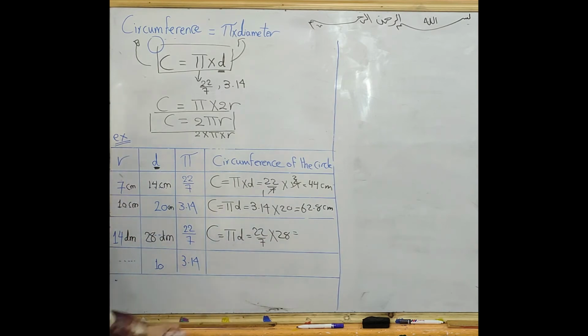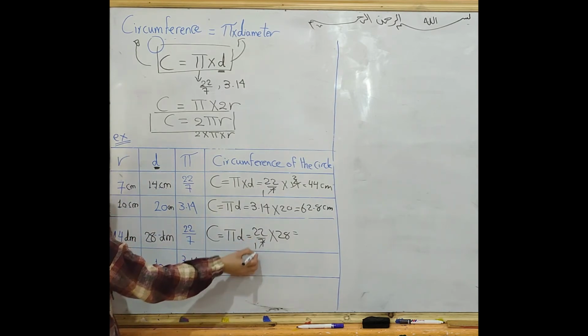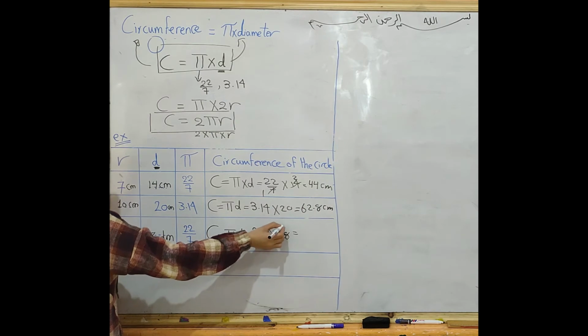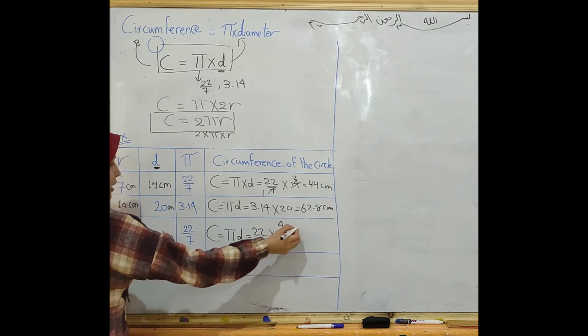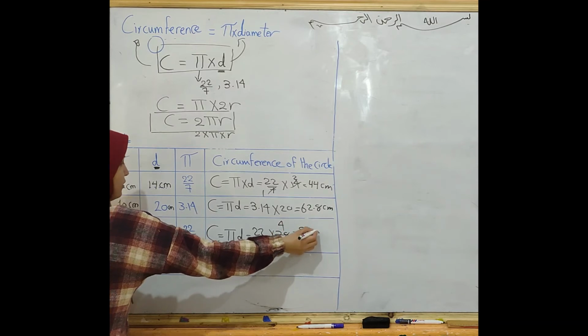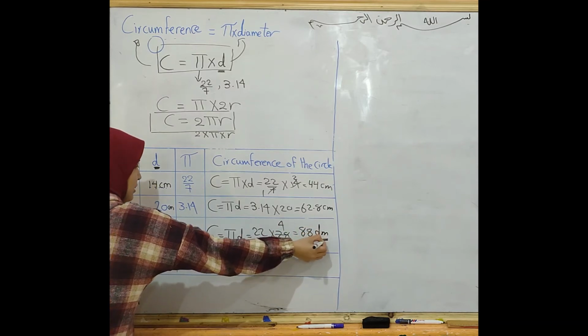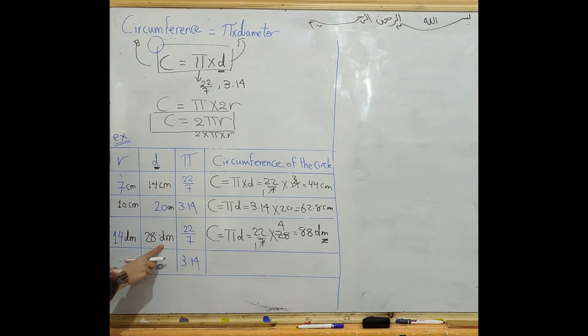By simplifying, 7 divided by 7 equal 1, 28 divided by 7 equal 4, so 22 by 4 equal 88 decimeter.